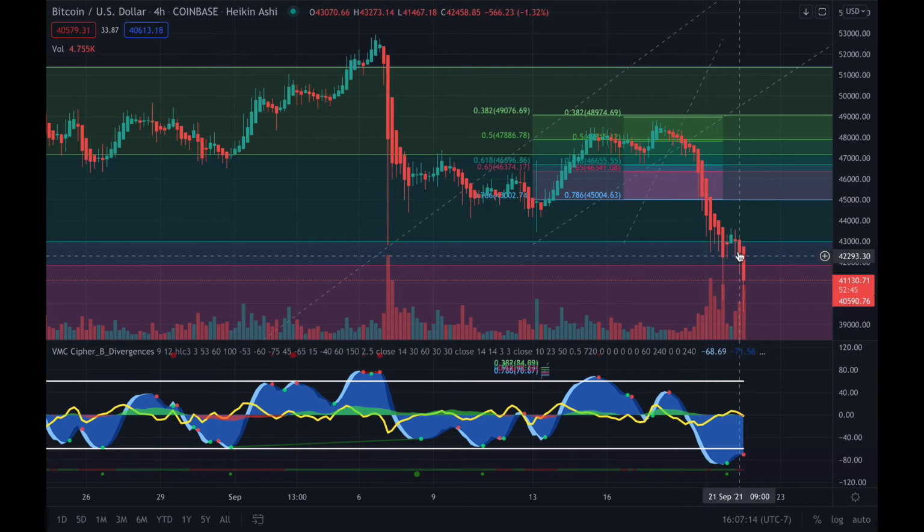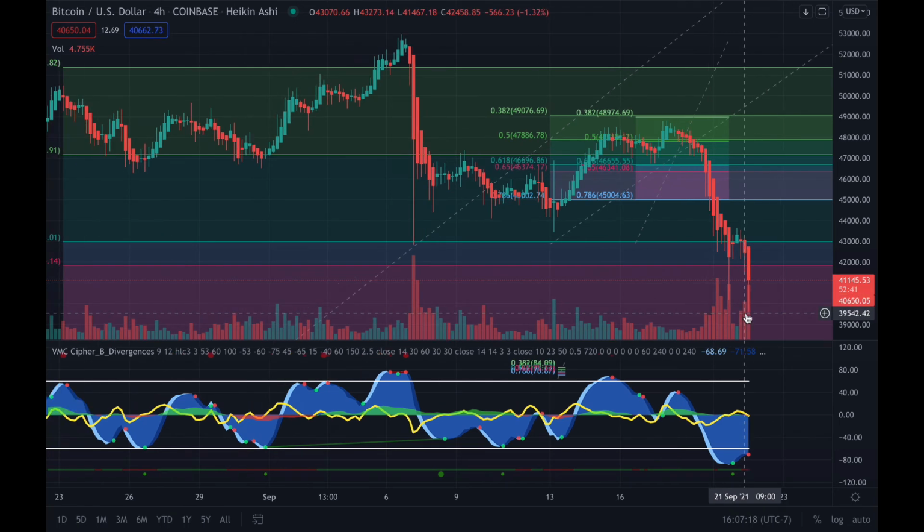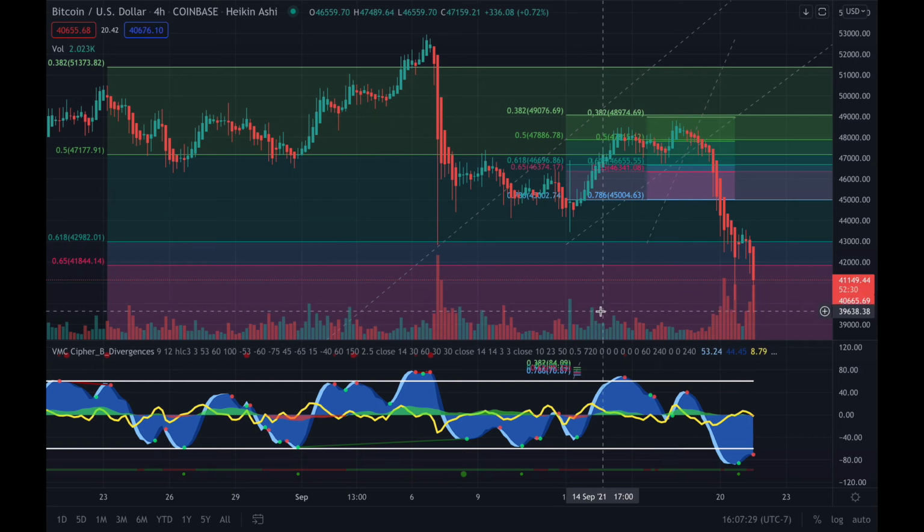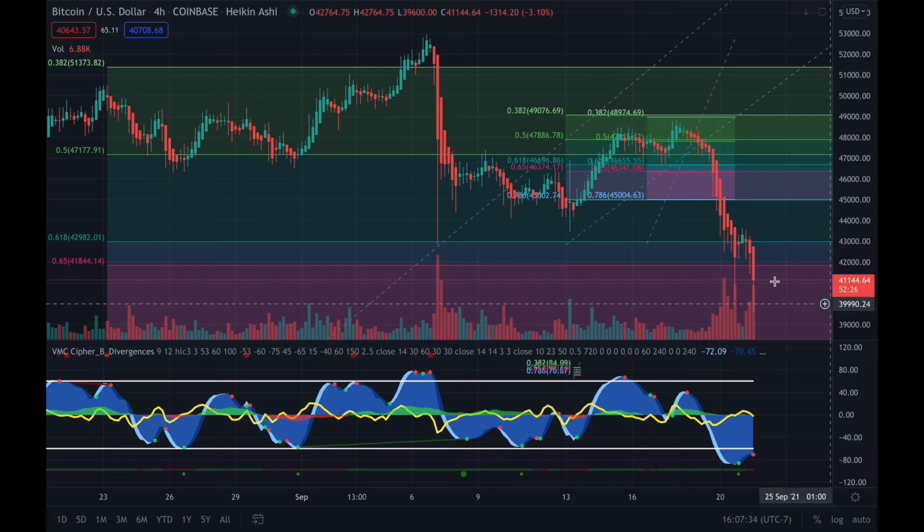We hit some support around here, I guess. Blew through that. Goodness gracious. I mean, here we were, pretty much 53,000. Now we hit a bottom of 39.6. Where are we at right now? 40,006. Whew. I don't know. I mean, Ethereum's down more, I think, than Bitcoin, but this just does not look good at all.